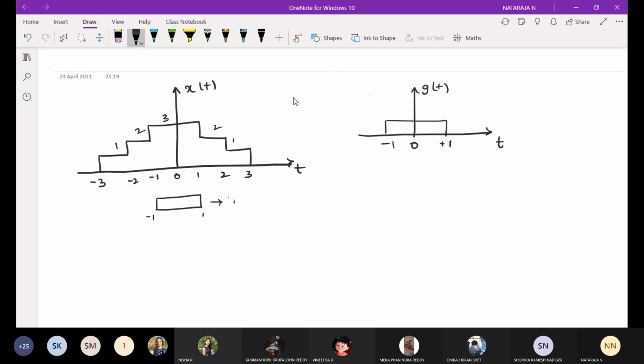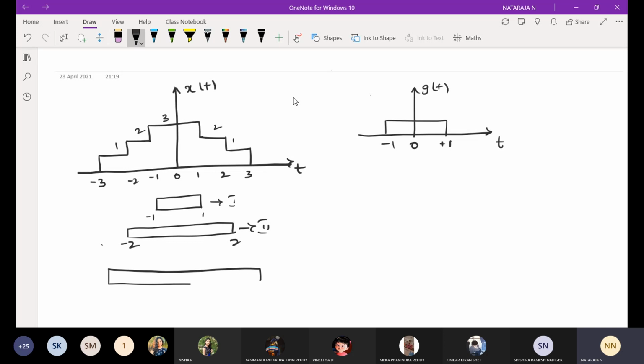Then the second case will be -2 to +2. The third case will be -3 to +3.